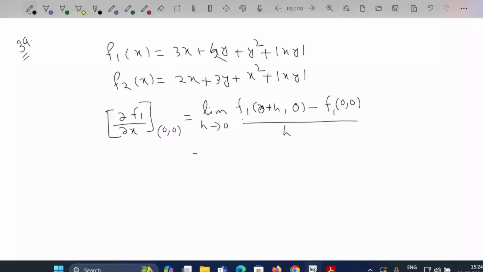What is this value? It is 3h only, and this value is 0, by h. So we are getting 3. So the derivative exists at the point and the value is 3.